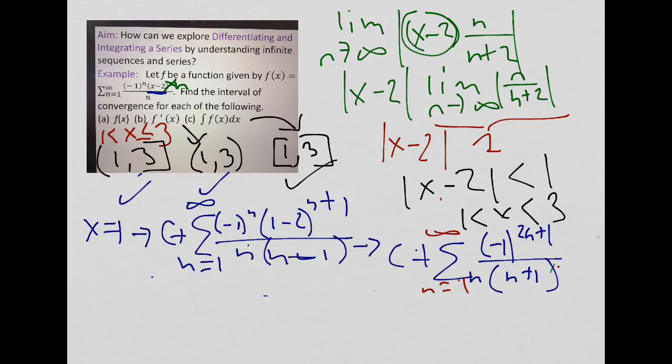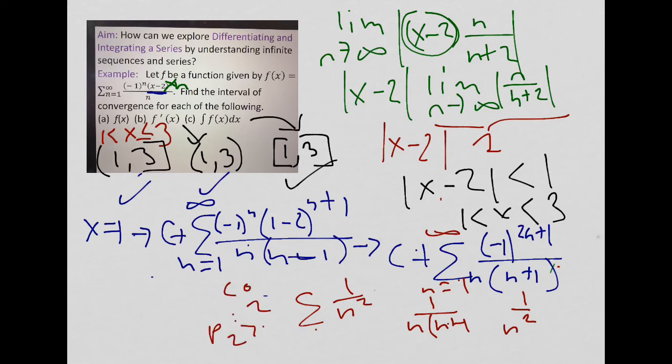But I want to compare 1 over n times n plus 1 with 1 over n squared. So we know what's going on with the sum of 1 over n squared, because this is a p series, and p is equal to 2, and 2 is greater than 1, so this is going to converge.